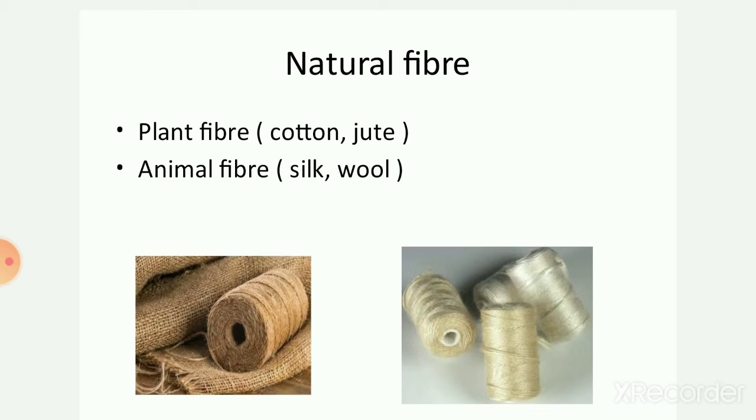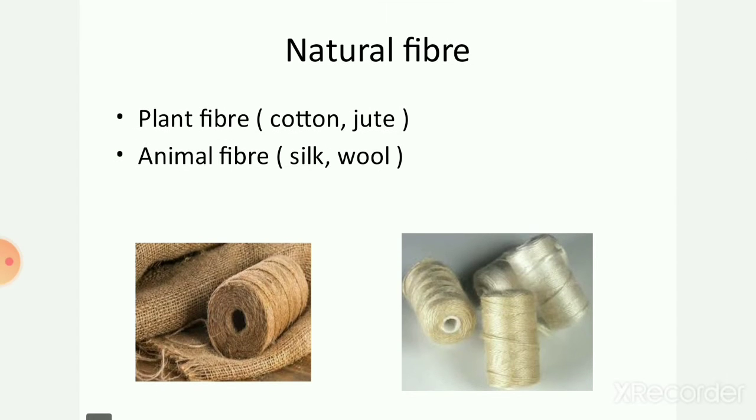Now you see on the left side there is a roll of cotton, and a jute bag. Jute we get from the jute plant. In the same way, cotton we get from the cotton plant, and from the cotton ball we get cotton thread. So jute and cotton are plant fibers. In the same way, silk we obtain from the silkworm.